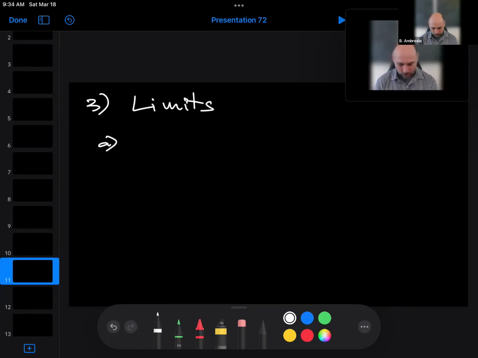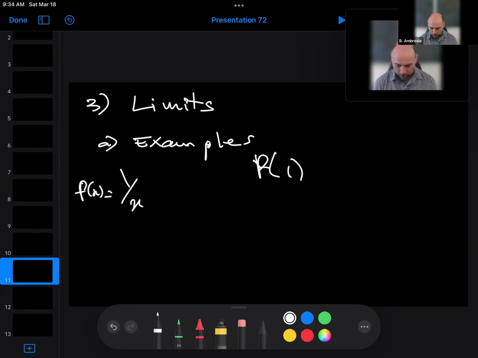An example. Let's try now 1 divided by x. So f of 1 is equal to what?